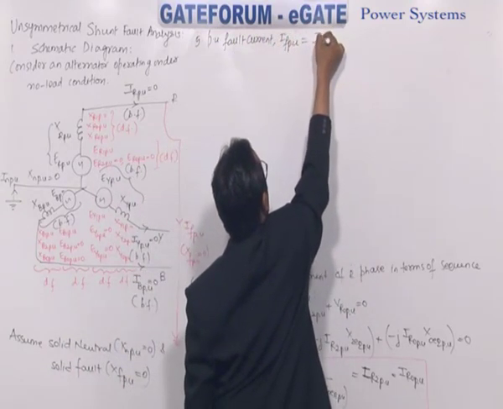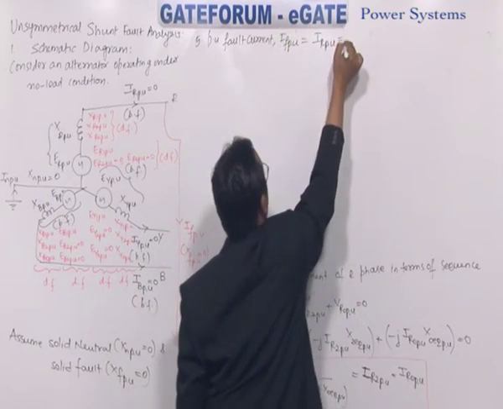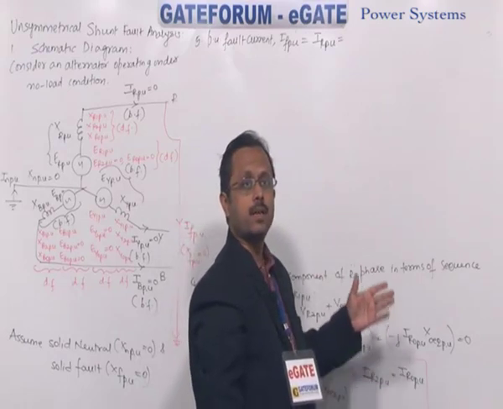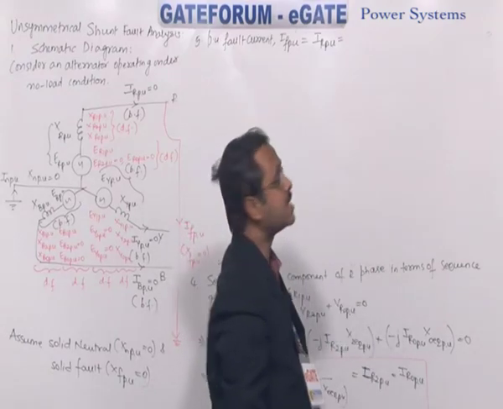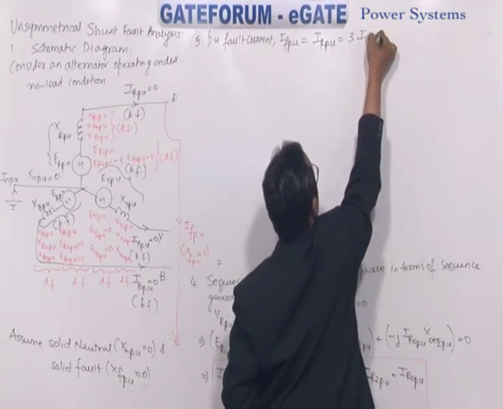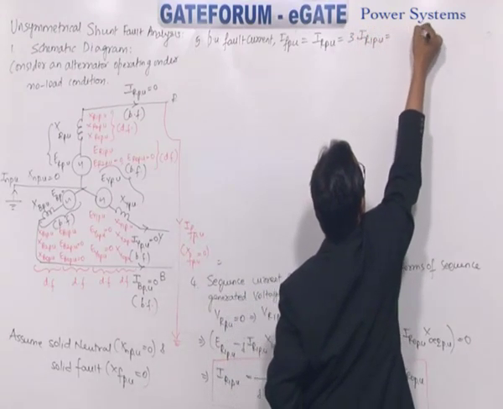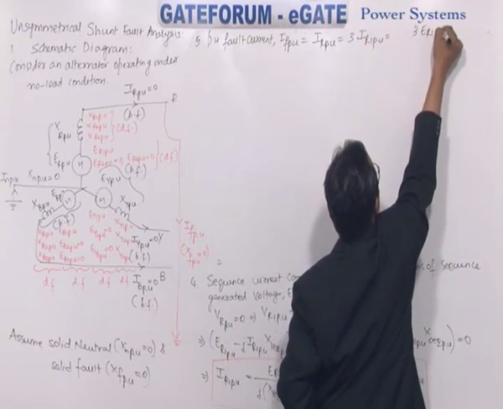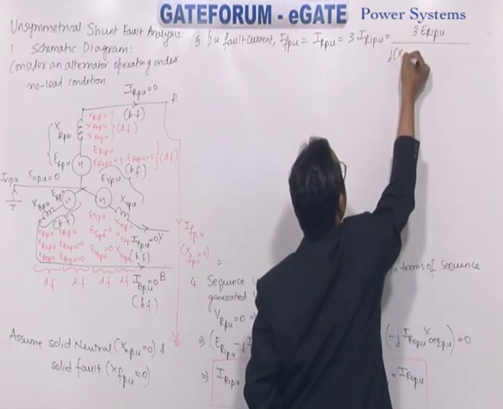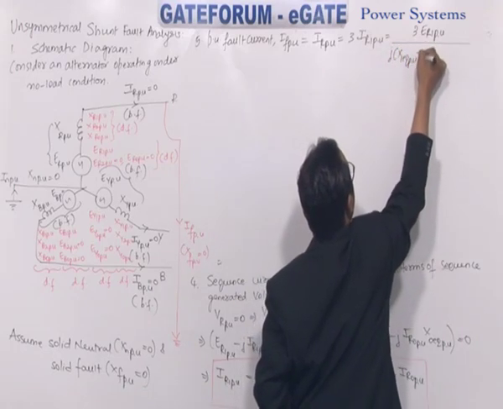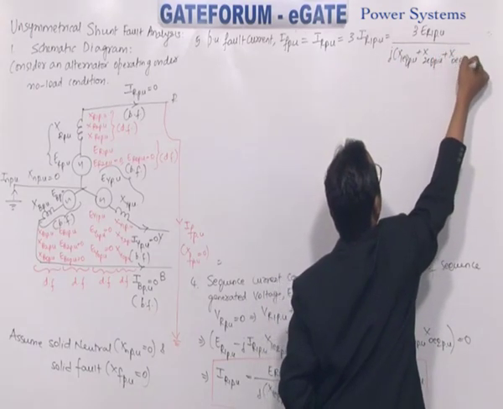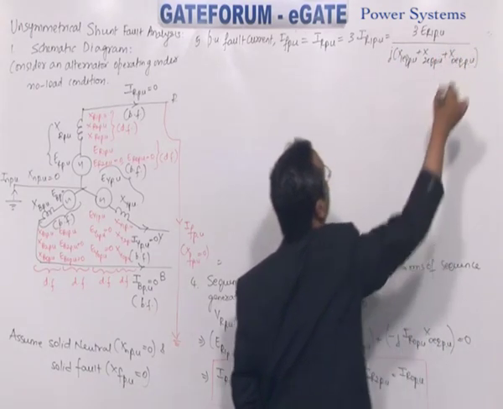You have written in the boundary conditions IR per unit. And how much is that IR per unit? From the previous step you can analyze. IR per unit is 3 times IR1 per unit. So IR1 is how much? ER1 by J times X1 equivalent plus X2 equivalent plus X0 equivalent.